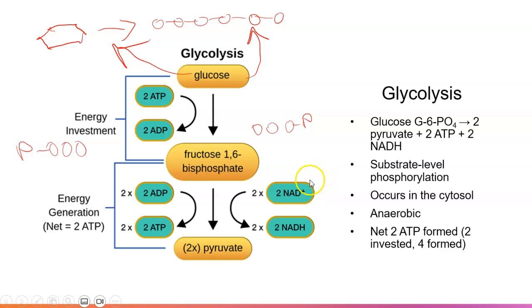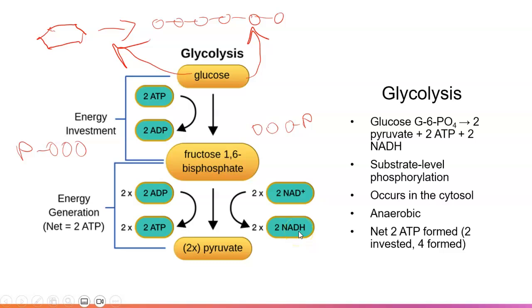So as we're breaking down these molecules, we're also pulling off electrons and hydrogen ions. The NAD is going to take those hydrogen ions. Remember, hydrogen ions are positively charged.